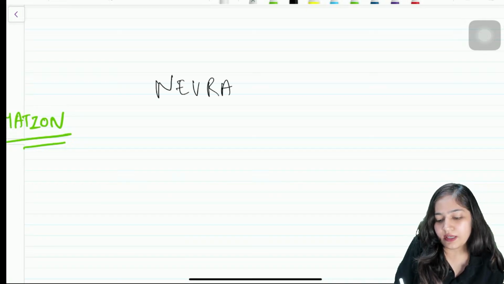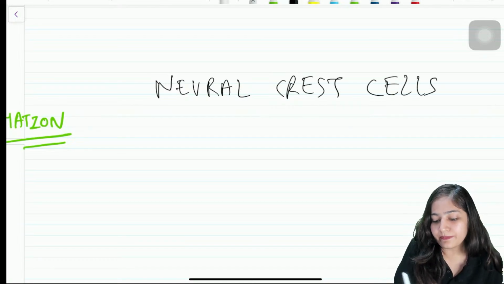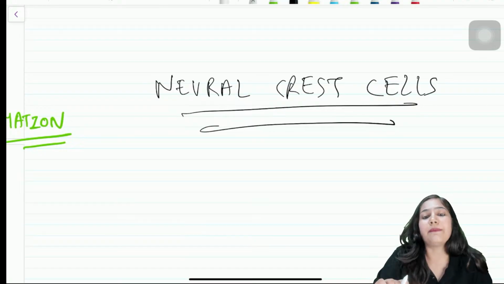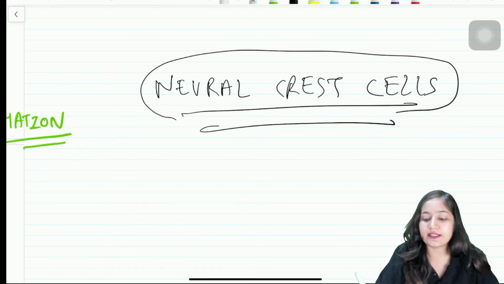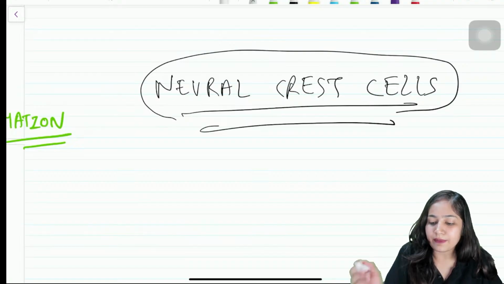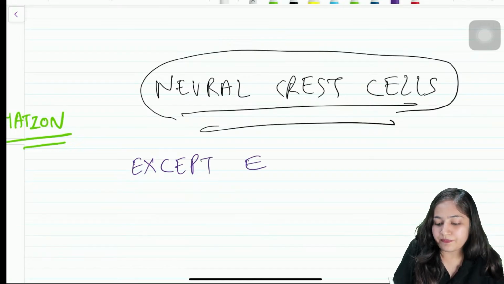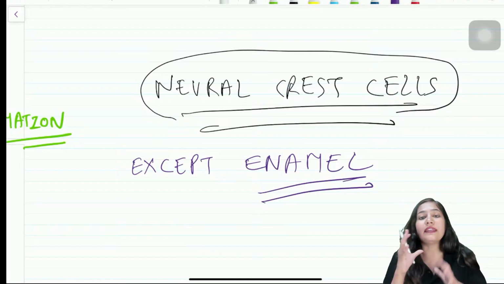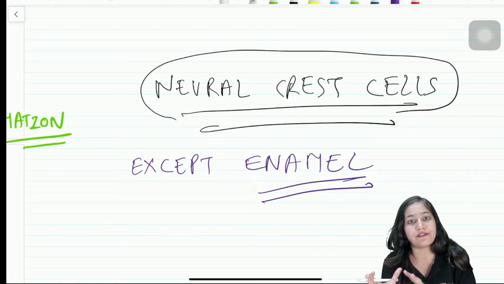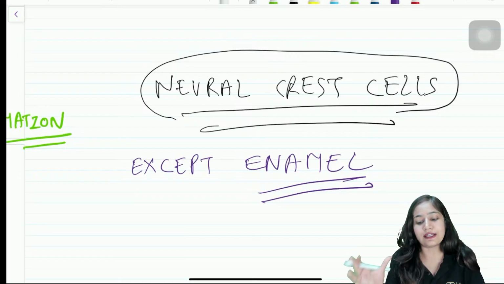Neural crest cells, except enamel. All the tissues are derived from which cells? Neural crest cells, except our enamel. Why? Because enamel is mainly an ectodermally derived structure, while the rest of the tissues are ectomesenchymally derived structures.